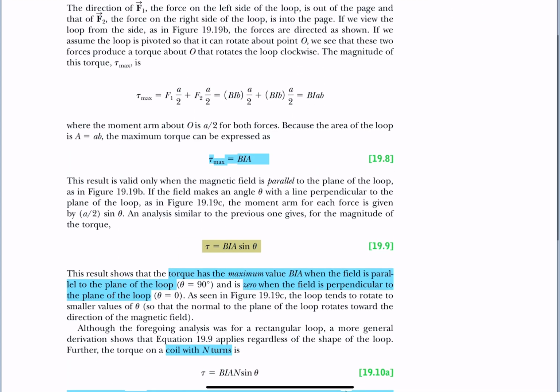And that's why we would need sine theta attached to our equation 19.8, which says that the magnitude of the torque that's going to cause this loop or many loops of wire to spin in a magnetic field logically depends upon the strength of the magnetic field B, how much current is going through the wire, and the size of the solenoid or loop or loops, represented by the cross-sectional area that is in the magnetic field. So your torque equals BIA.